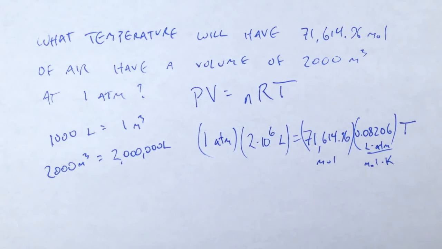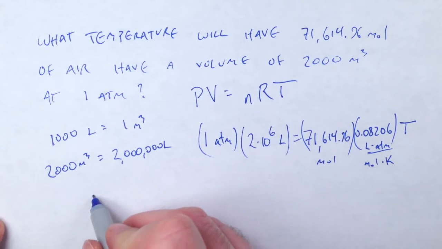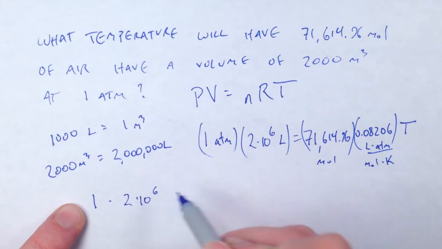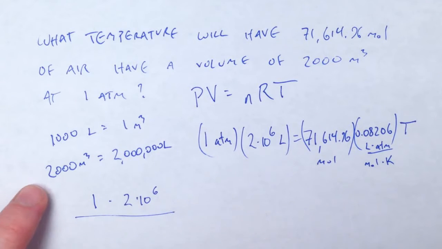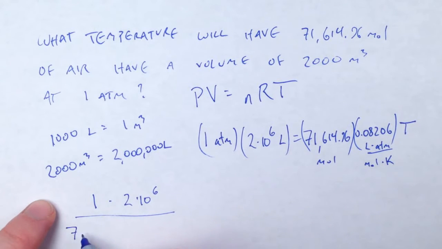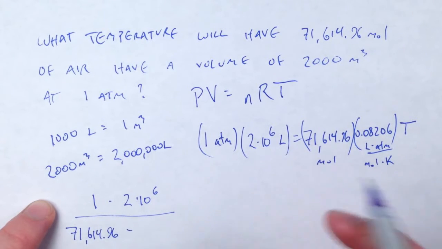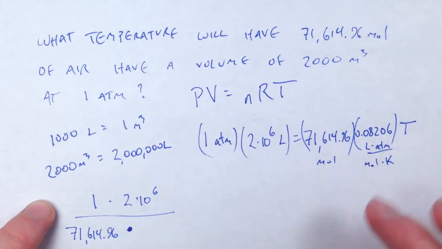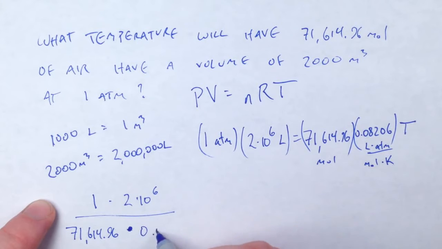Okay, so solving for this temperature is just going to be a big fat calculator bomb. It's going to be 1 atmosphere times 2 million liters over 71,614.96 moles times 0.08206.